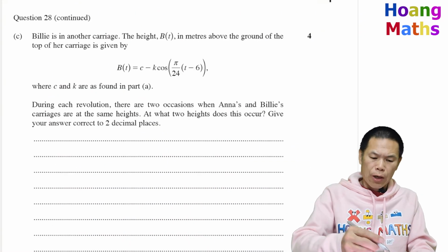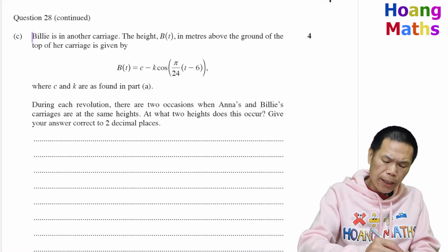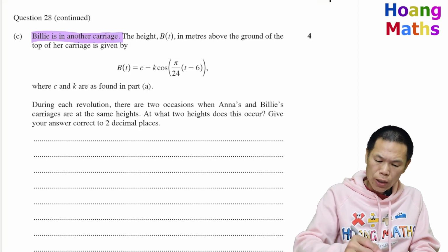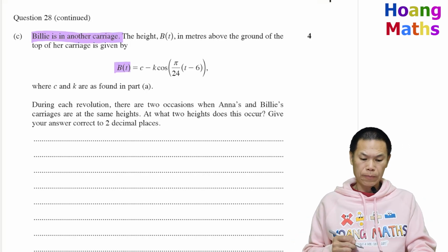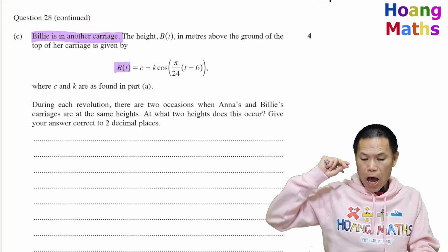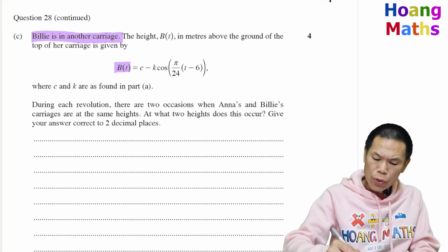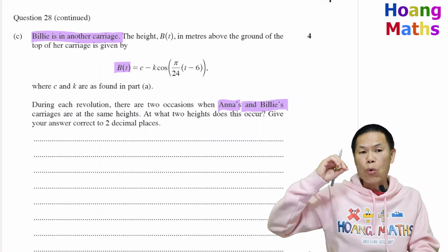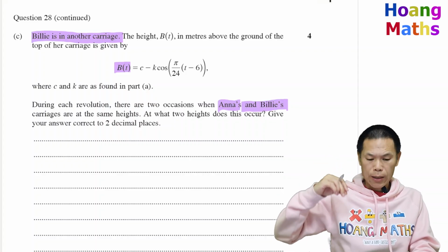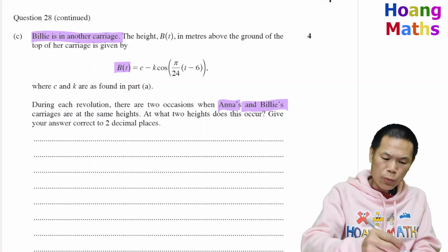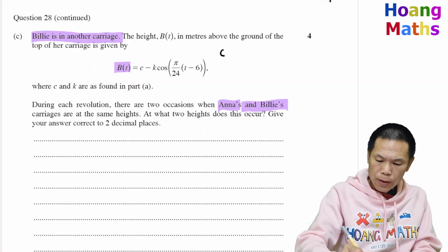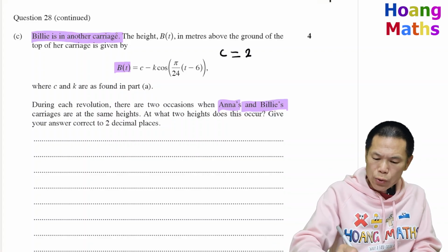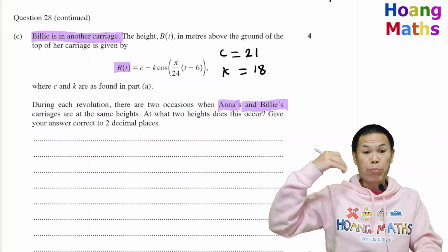Part C. We know that Billy is in another carriage given by B(t). We need to find the height when both Anna and Billy are at the same height. So that means we just equate A(t) equal to B(t). We know that C is equal to 21 and K is 18 from the previous part.